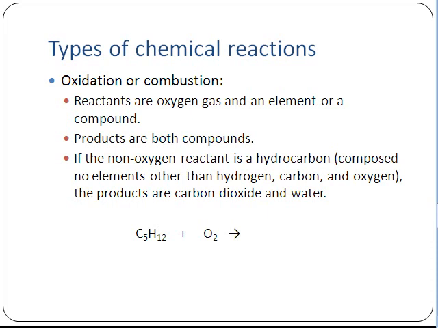Okay? In most cases when we run across oxidation or combustion reactions, the element or compound that we're combining with oxygen gas is a hydrocarbon. And when we say hydrocarbon, basically what we mean is it's composed of no elements other than hydrogen, carbon, and oxygen, and it has to have carbon.